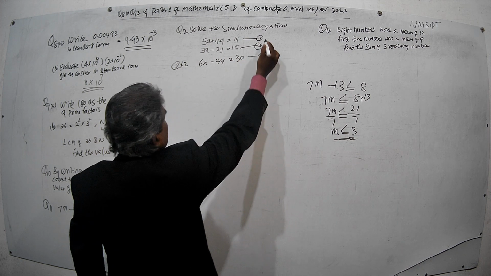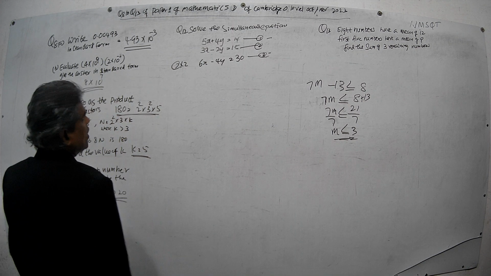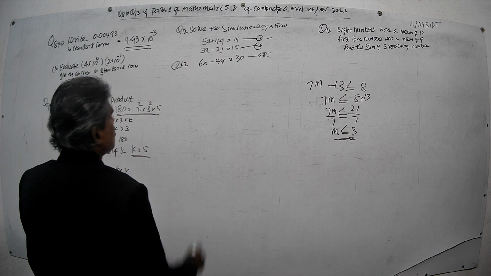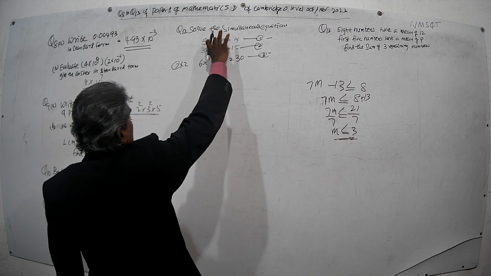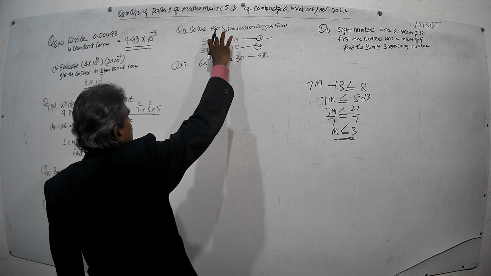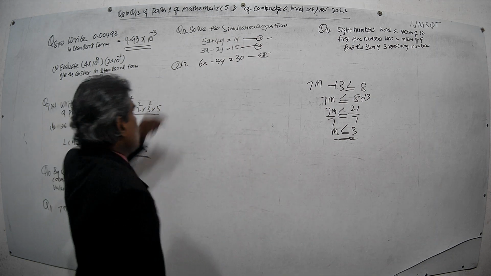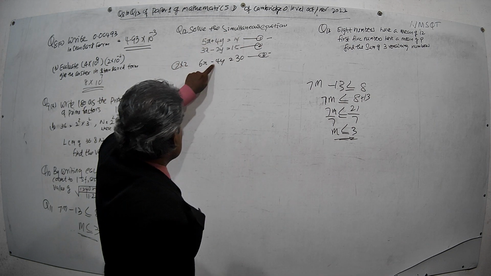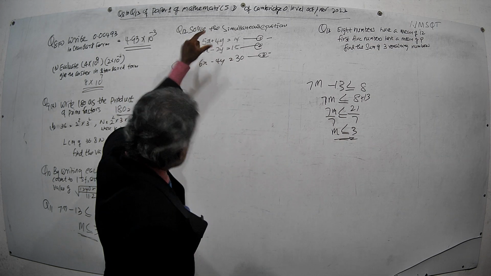Then you take and compare equation 1 and equation 3. To remove y, the coefficient of this y is positive, coefficient of this y is negative. Therefore, to eliminate y, to make them 0, you have to add, right?